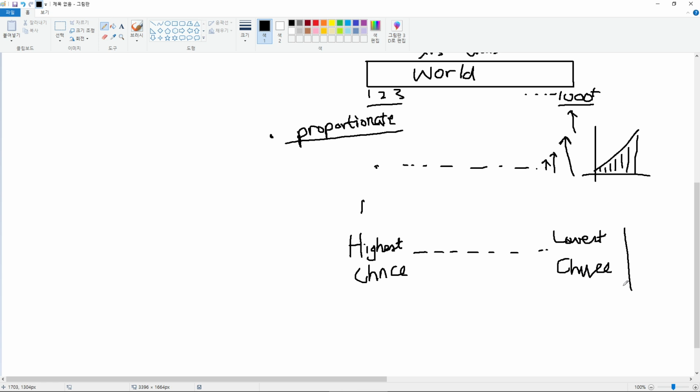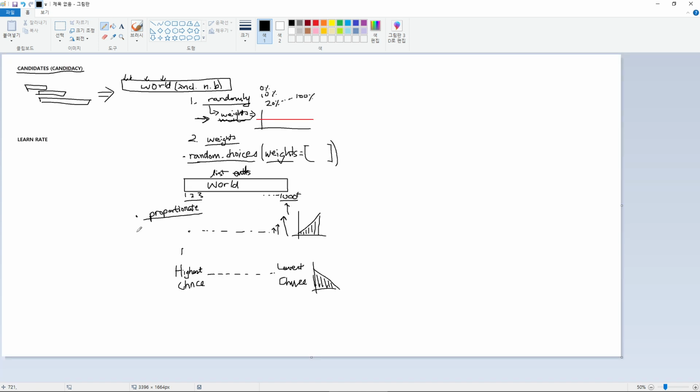So again, if you were to plot it, it would be something like this, but still in a proportional fashion. So two ways of doing it proportional: one where the tail is the highest, one where the head is the highest.